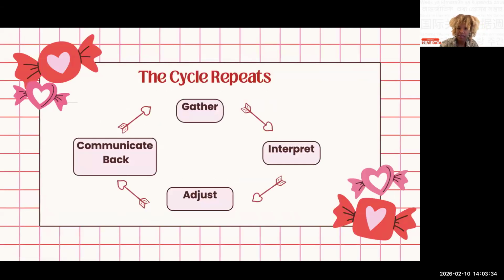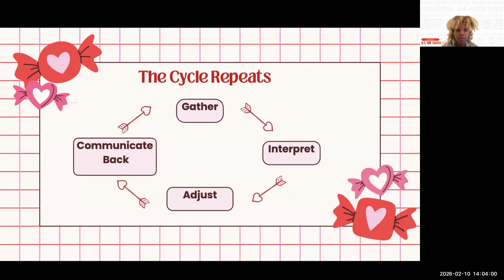So when we're thinking about a cycle, it always repeats and is continuous. The important thing about being able to continue the cycle is gathering the feedback. And then after we gather, we want to interpret and analyze what the feedback is telling us, and then adjust based off of student responses or colleague responses or whomever you want to support, add to your course evaluations.